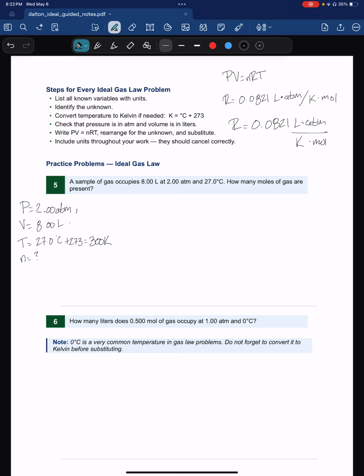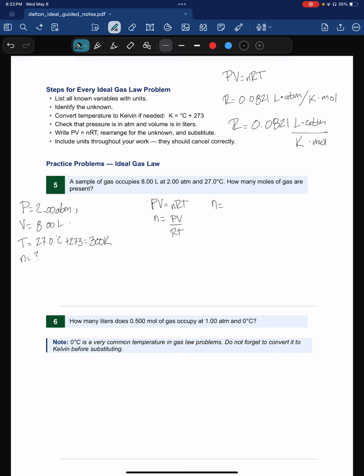And so I can write out my ideal gas law. PV equals nRT. And I'll go ahead and rearrange this for N. N is equal to PV over RT. And now I can go ahead and plug everything in. I'm actually going to do it off to the right a little bit, so I have a little bit more room.